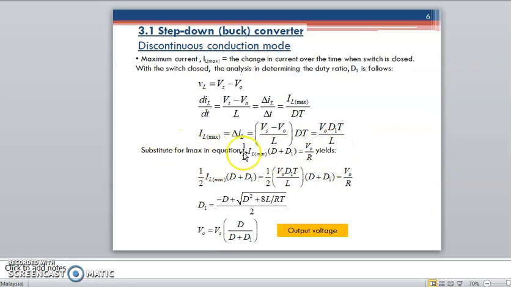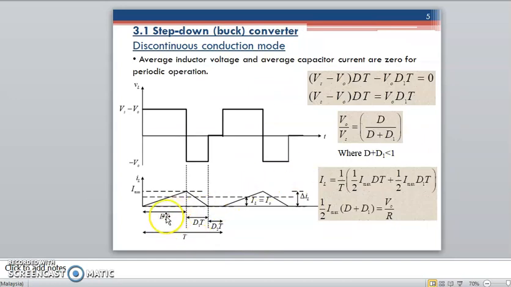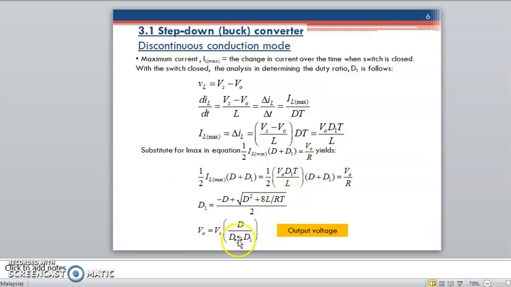So when you substitute this with this half of IL max here, you will get V naught, or V out, equal to V source D divided by D plus D1. Just now for CCM, the output was Vs times D, but for DCM, the output is equal to V source times D divided by D plus D1.